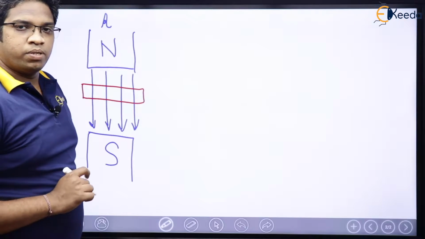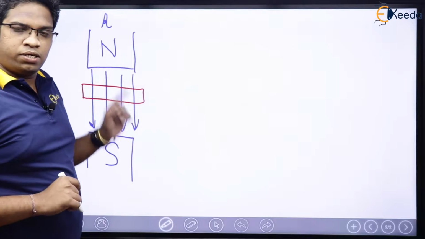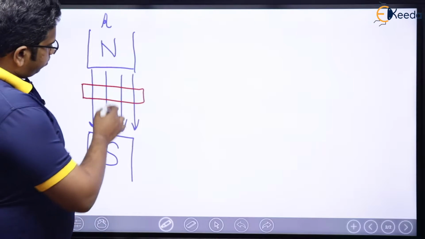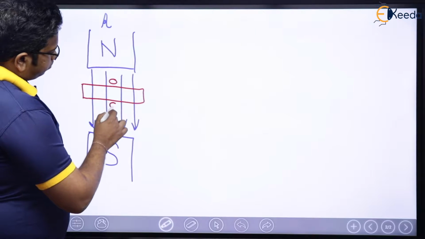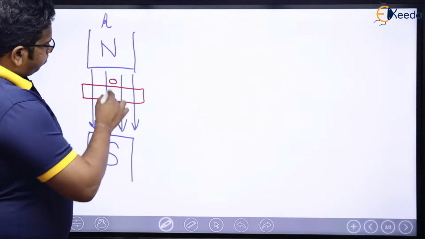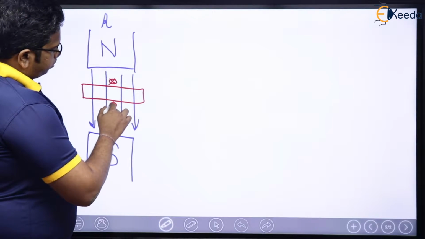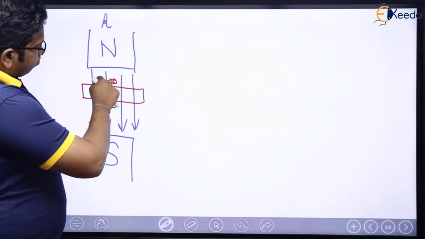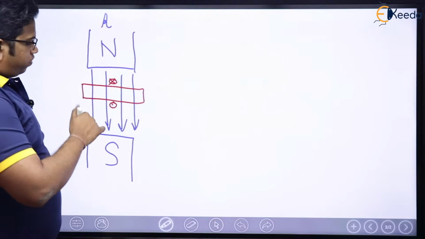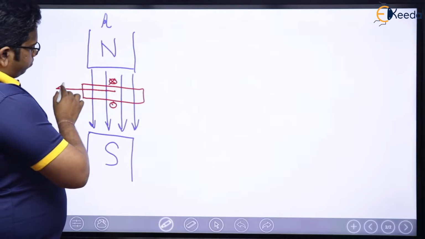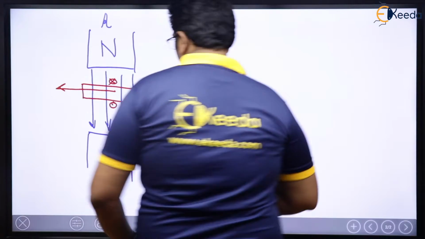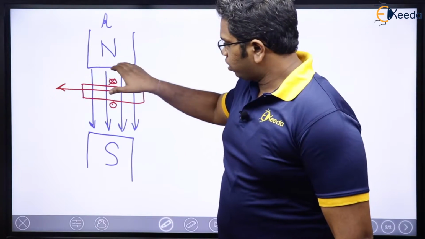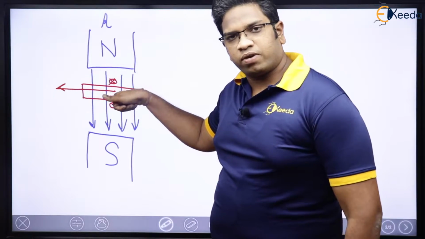Now I am assuming that this rotor has its own flux, which means there must be some conductors here, and some current flowing like this, any current. Because of this, I am going to have some flux. This is into the board, and this is out of the board. I will have flux in this direction.